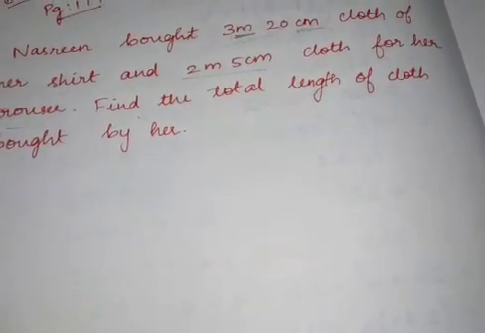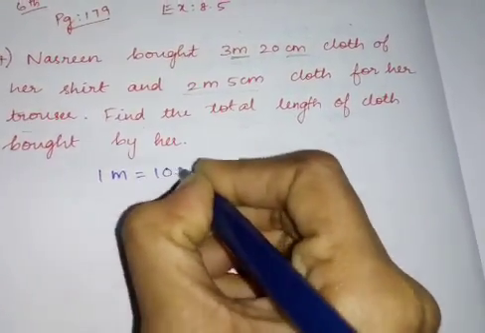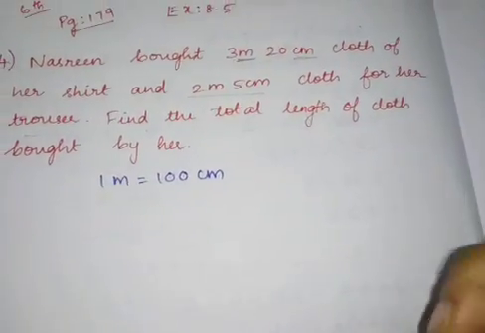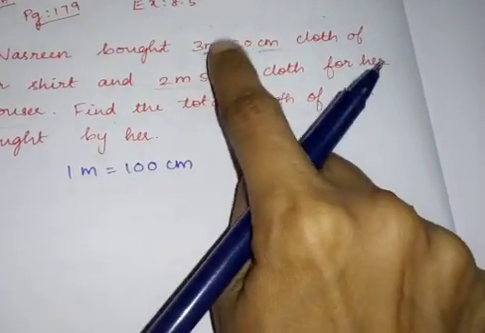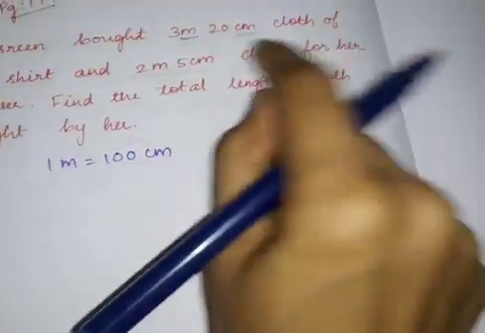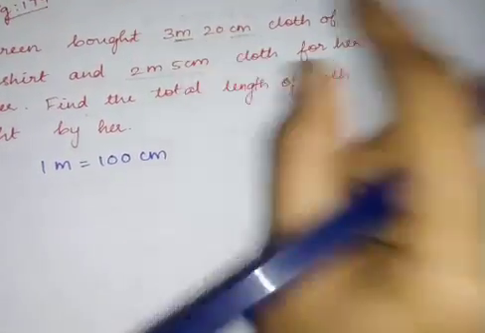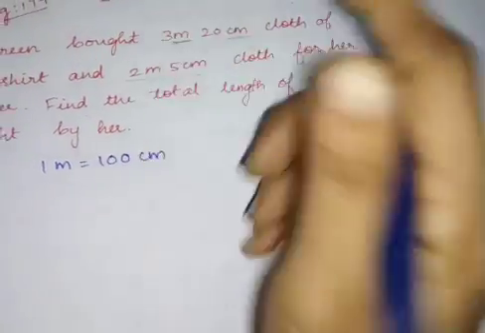First I'll write the relation here. 1 meter is equal to 100 centimeter. When you want to convert them into a decimal number, you should convert the smallest unit to the greatest unit.